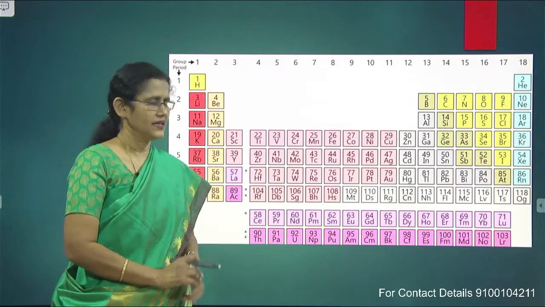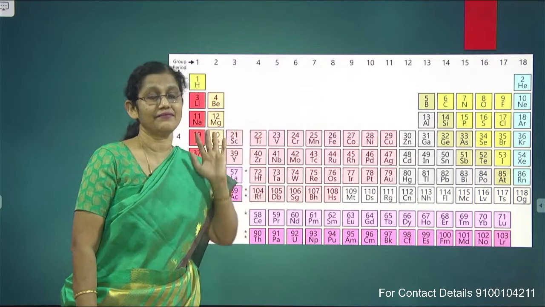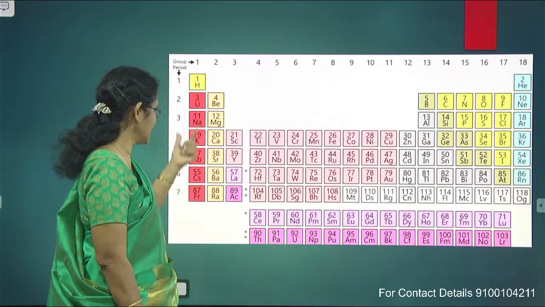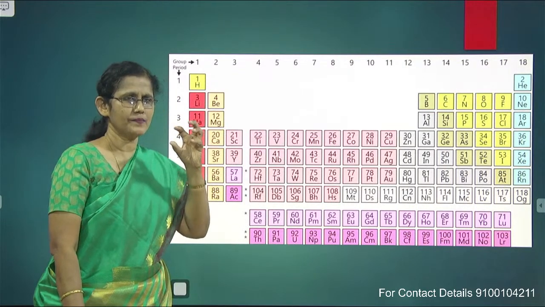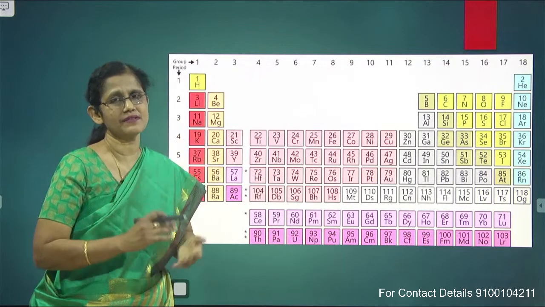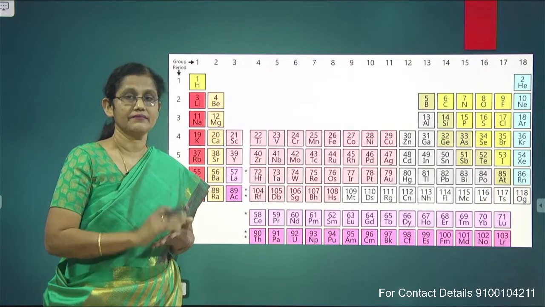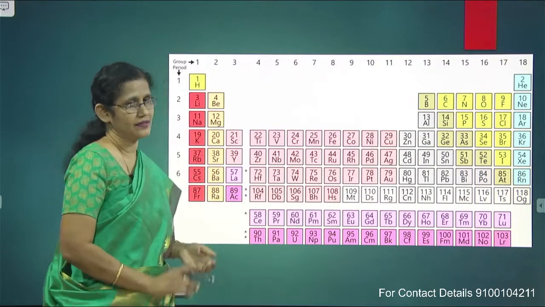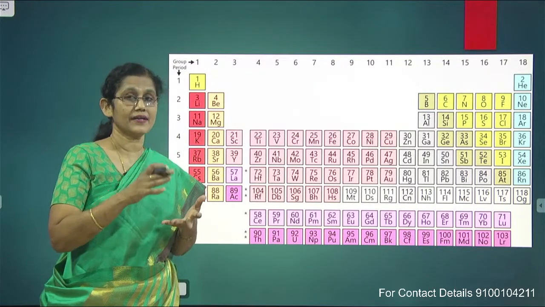See here, 2nd period elements, their properties are slightly different. For example, when I take the first group, lithium, a 2nd period element, in some properties differs from the rest of the family. Lithium is hard, others are soft. We can cut sodium with a knife, but lithium is somewhat hard. Lithium forms only monoxides, others can form peroxides.